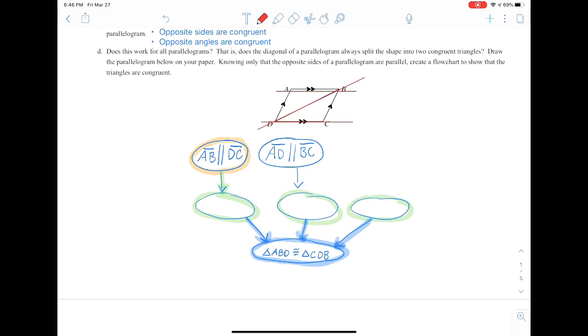Well, hopefully you can see whenever we have parallel lines, we're usually dealing with angles. And one of the common angle relationships we'll use are alternate interior angles, which we're going to use here. This angle and this angle are congruent alternate interior angles. So we're going to add that into this bubble. Angle ABD is congruent to angle CDB.